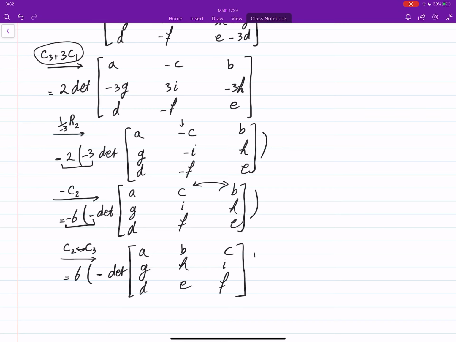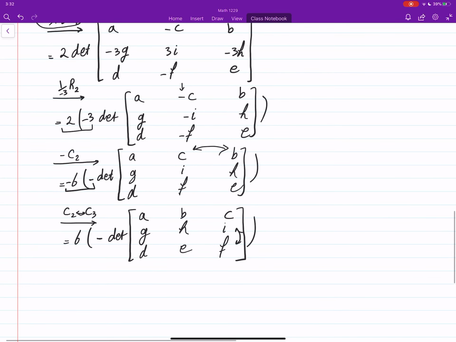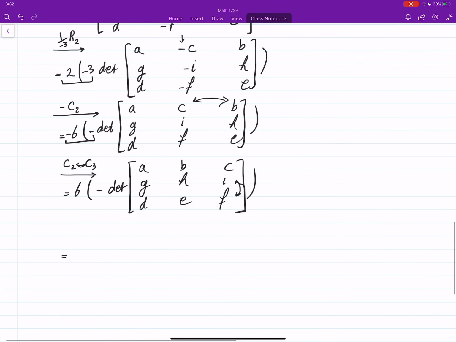Almost there. We need to just interchange now row 2 and row 3. Here, from before, we have negative 6 there, and since we are interchanging row 2 and row 3, the determinant again will be multiplied by a negative sign.